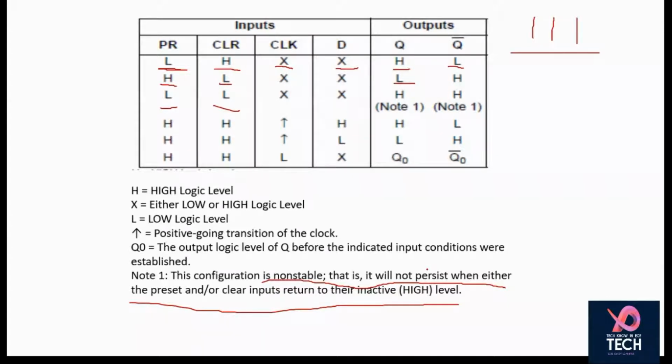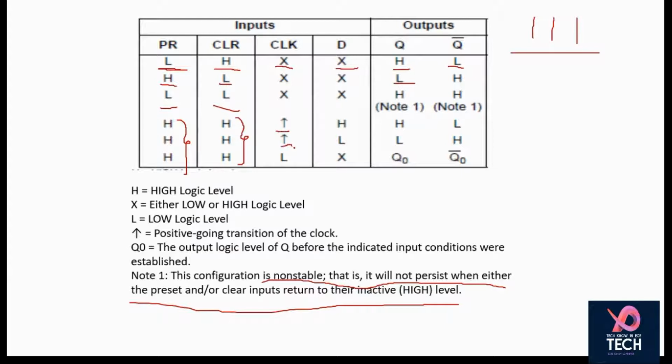Now in the cases when you are performing the normal operation of your D flip-flop, what you are going to do is keep these high. So high means preset is inactive, and clear high means clear is also inactive. Now you are going to provide the clock.